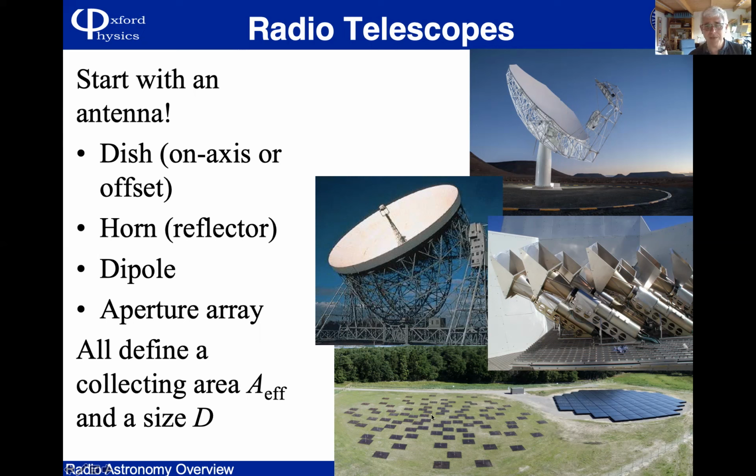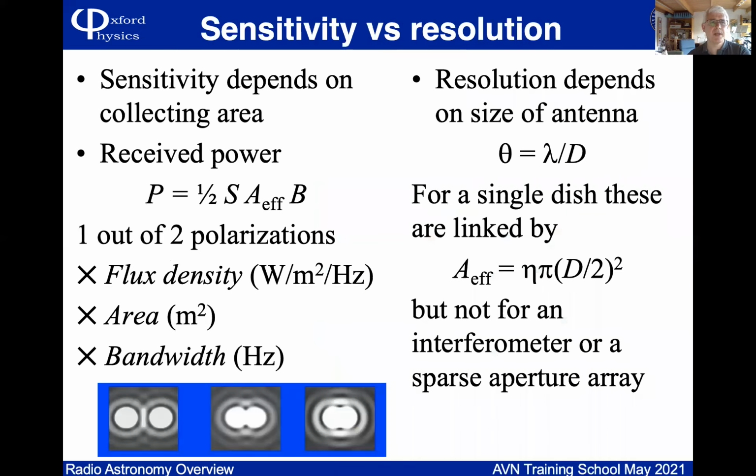And you can also have generically called wire antennas, so things like dipoles, Yagis, basically things which look like television aerials, and those are typically used at low frequency. But in all cases, you can basically say these are something which has an ability to absorb or collect radio waves, which they do over some effective area, which tells you basically how good that antenna is at collecting radio waves.